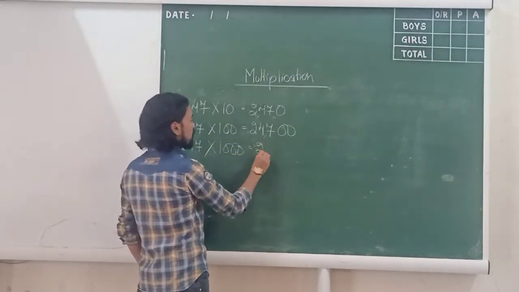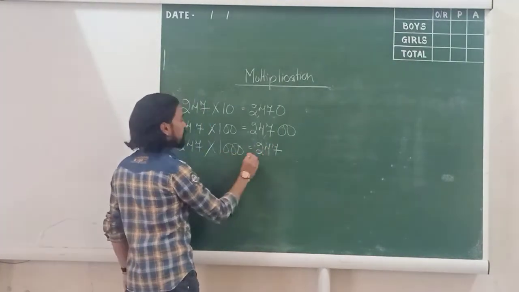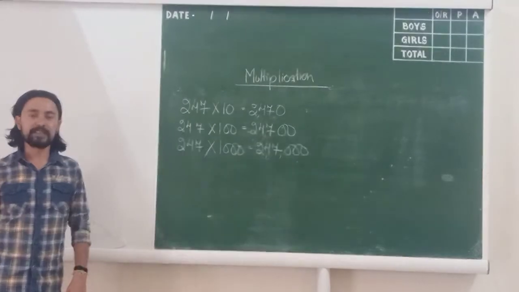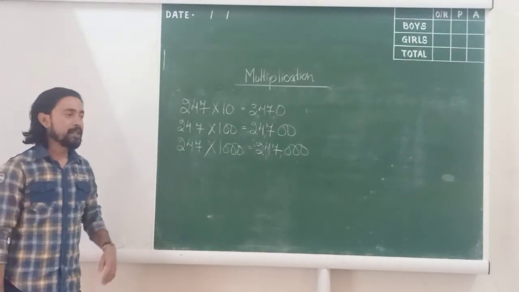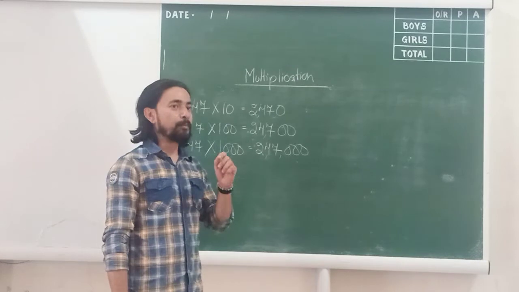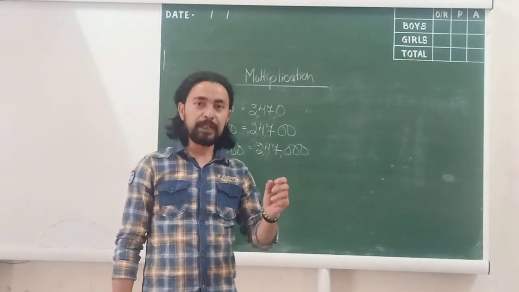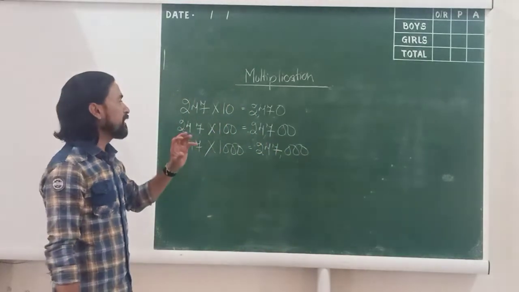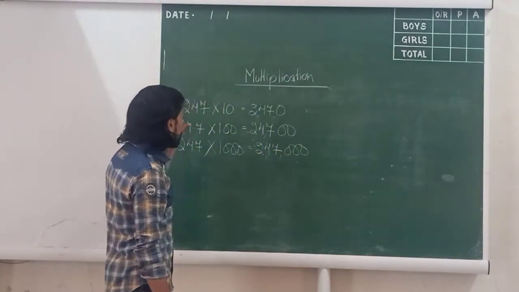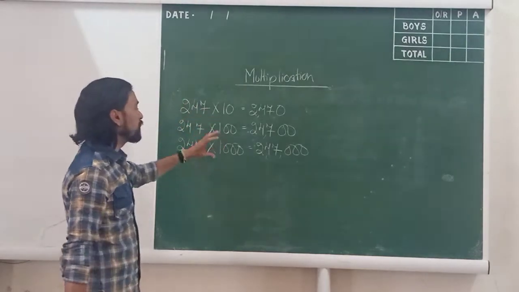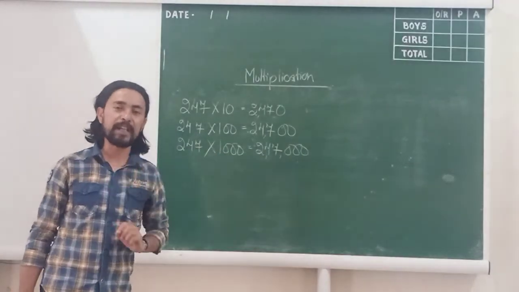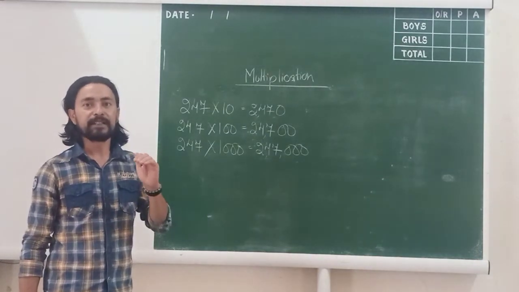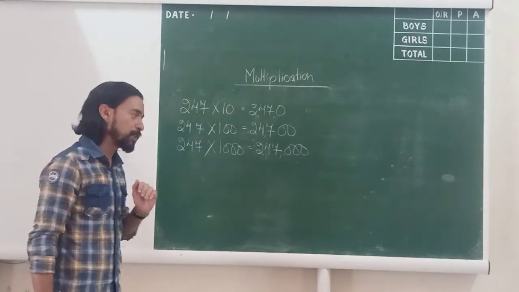So again I just write the number and add 3 zeros, and the number would be 2,47,000. Similarly, if a problem is placed in such a way that I can directly multiply by 10, 100 or 1000 and get my answer, then I would do that and solve my sum faster, easier and much more accurately.